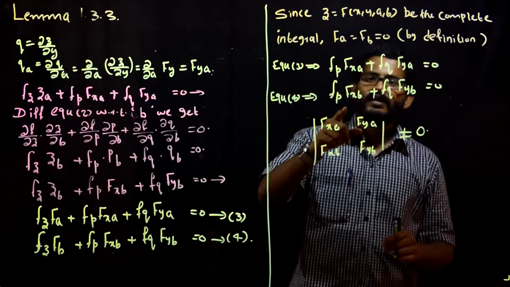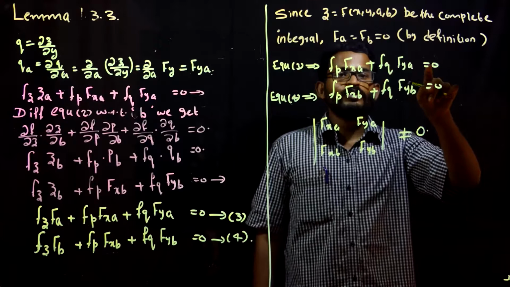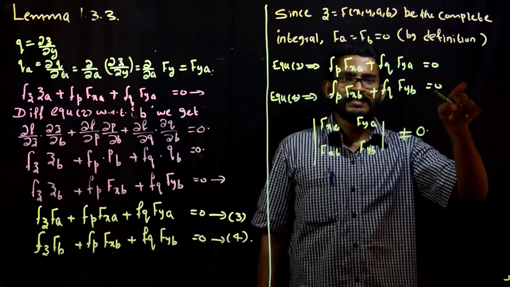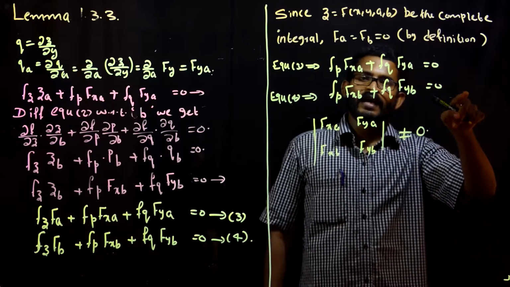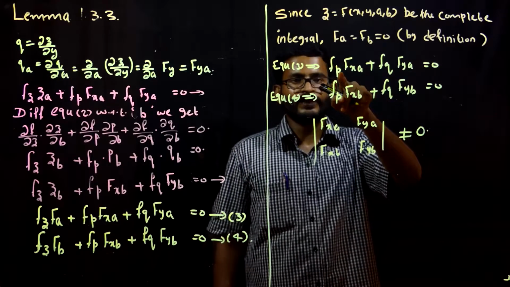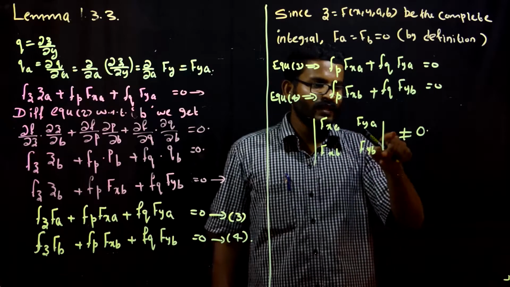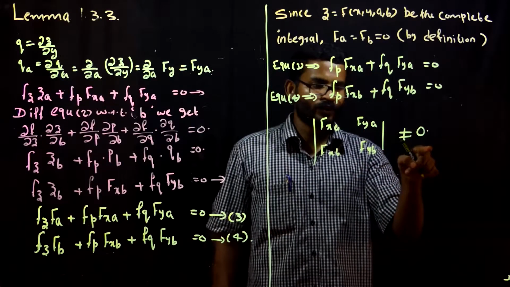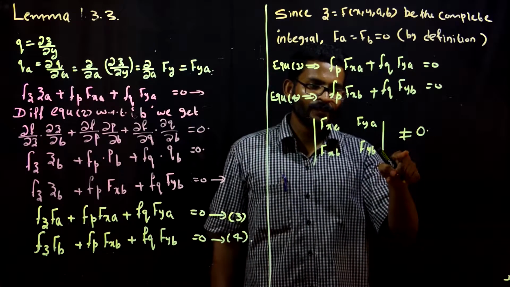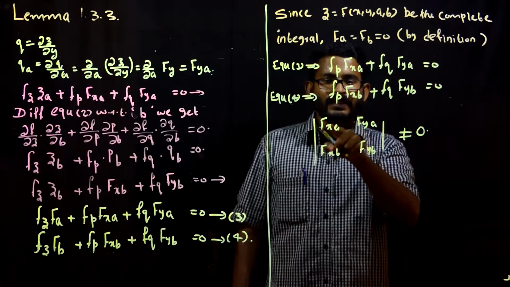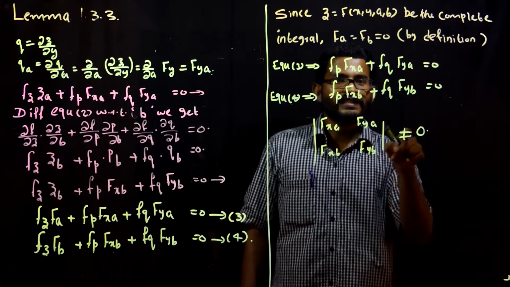Consider this a homogeneous system of equations because the RHS is 0 and the number of unknowns is equal to 2, and this determinant is not equal to 0, which implies the rank of this matrix is 2.